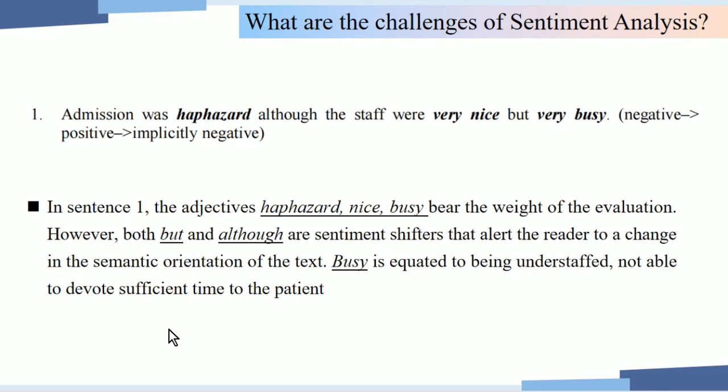It seems that the doctors are very busy and the patients are not taken care of very well, so it's implicitly negative. Words like nice and busy all bear the weight of the evaluation.